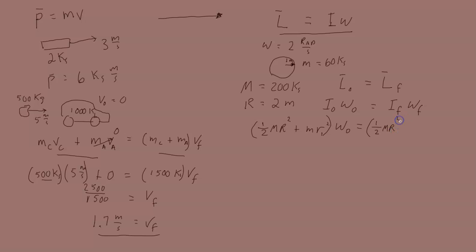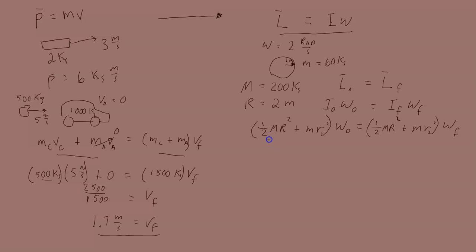It's the same disk, so R is the same. And then we've got the person moving towards the middle, mr squared. We'll call this position 2, where they are 1 meter away from the center. And this is what we're looking for: the final angular velocity right there.